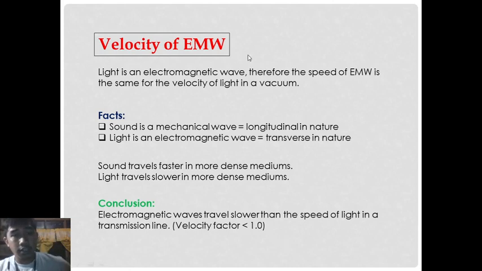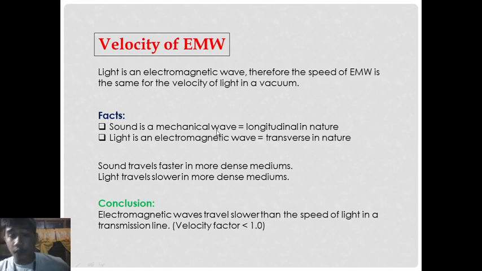Now to our next parameter, which is the velocity of electromagnetic wave. Light is an electromagnetic wave. Therefore, the speed of EMW is the same as the velocity of light, which is 2.9979, or 3 times 10 raised to 8 meters per second. Now, facts.